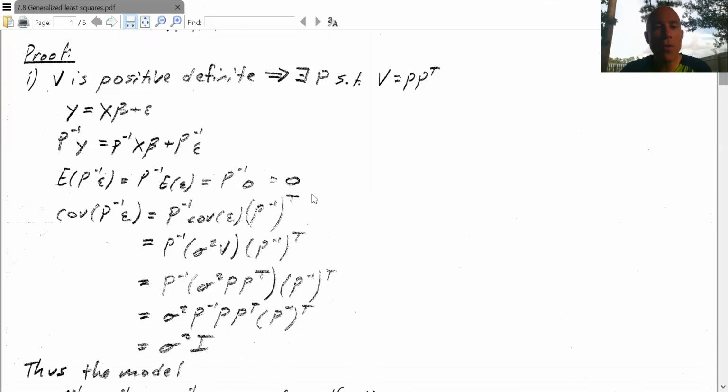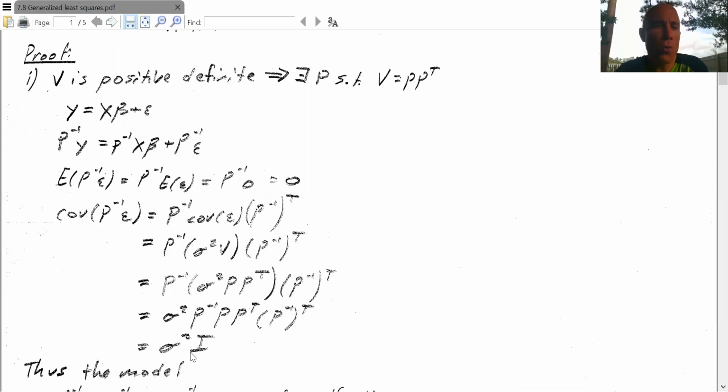And so the covariance of P inverse epsilon is equal to sigma squared times I, which in fact is the regular ordinary least squares covariance assumption, right?